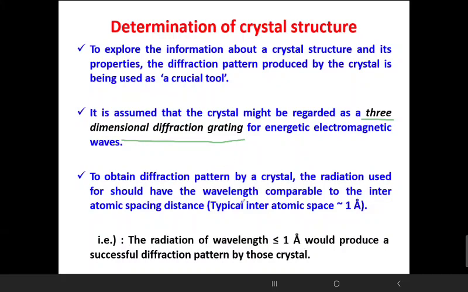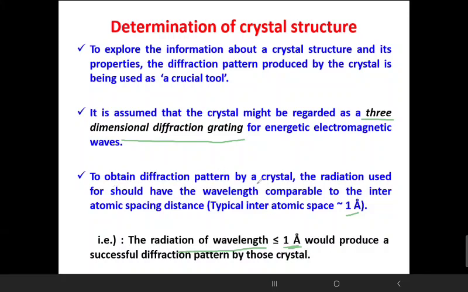The atomic scale is mostly angstrom. So that is suitable only for X-rays, because the radiation has wavelength less than or equal to 1 angstrom. So that's why mostly in crystal diffraction we are using X-rays.